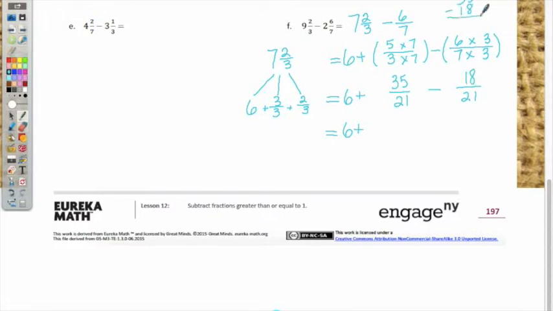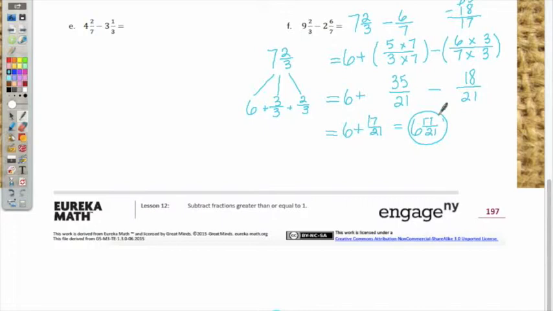There's regrouping on this subtraction problem, so I had some kids mess that up. Okay, sorry. 6 and 17/21sts. Here's my answer. Okay? How you doing?